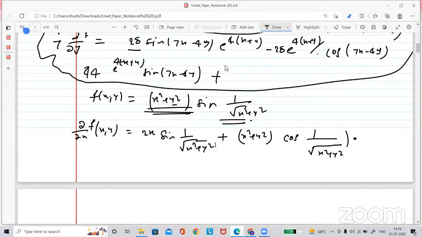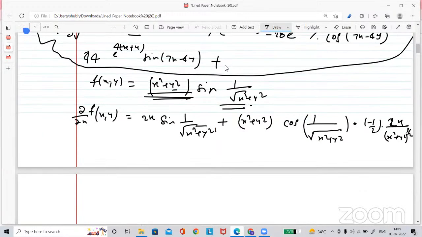Now next is minus 1 by 2, 1 upon 2x, 2x upon x square plus y square to the power 3 by 2. So this is how we are doing it. In the first derivative, first find the derivative of sine.